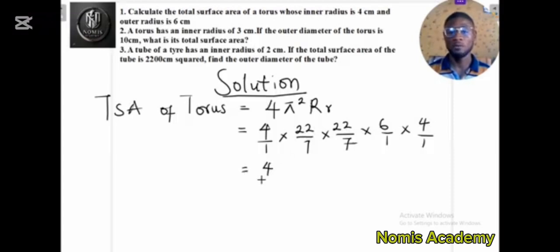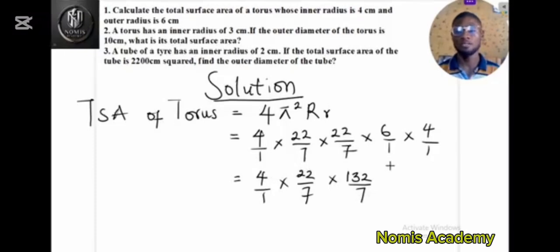That will be 4/1 multiplied by 22/7 multiplied by 4/1, and this becomes 88 over 7 multiplied by 132 over 7 multiplied by 4 over 1.